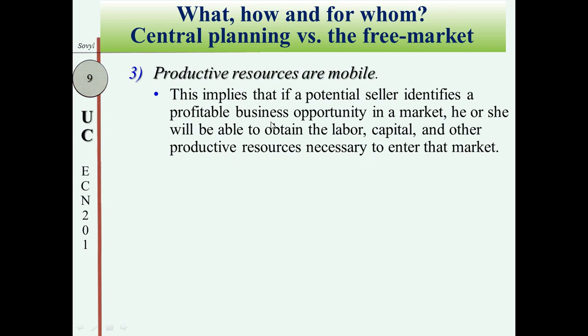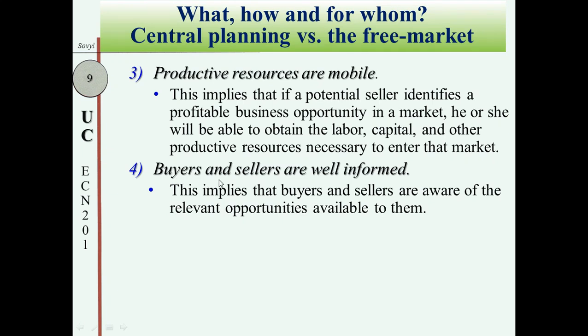Because of free competition, everything tends to be free. If you want to move from one production to another, it's free for you to move, and you can get labor, capital and other resources easily, because those productive resources are available in the market.